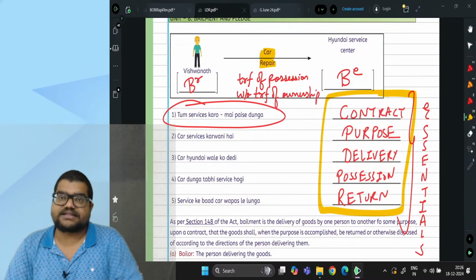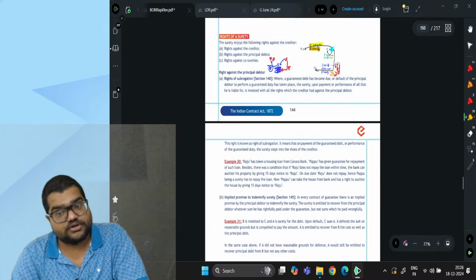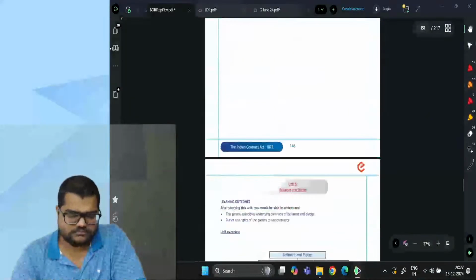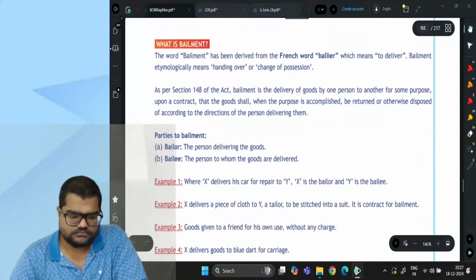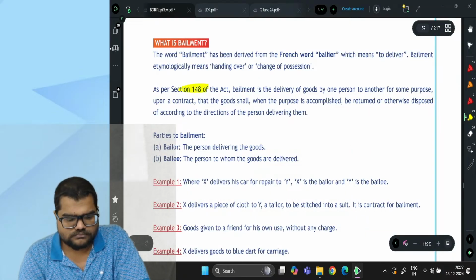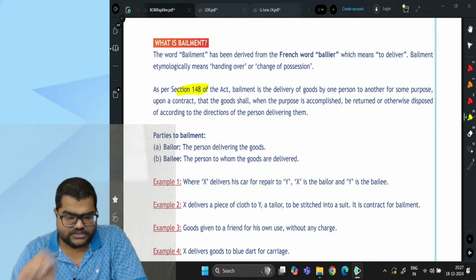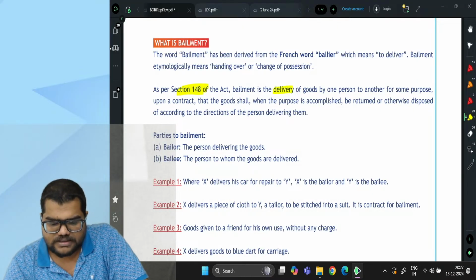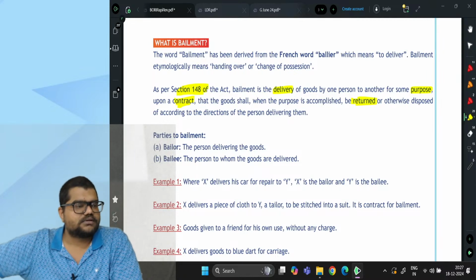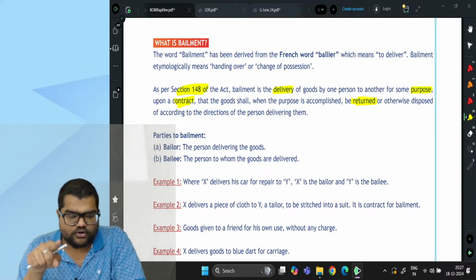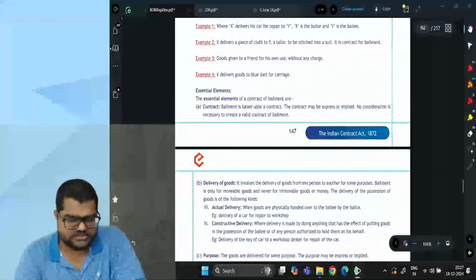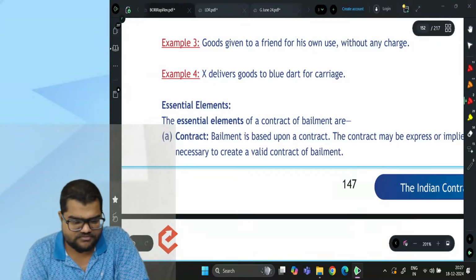Because if you understand this, you will understand the definition also, which is section 148. See the points: delivery, purpose, contract, return. The 4 points that we got already, and we also have the essential elements.